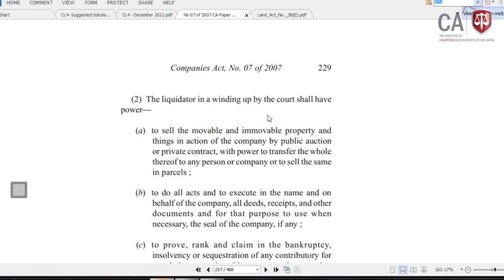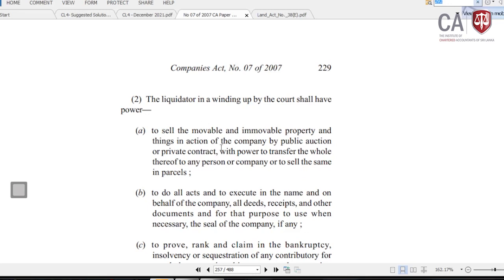The liquidator in a winding up by the court shall have power to sell the movable and immovable property and things in action of the company by public auction or private contract, with power to transfer the whole thereof to any person or company or sell the same in parcels.